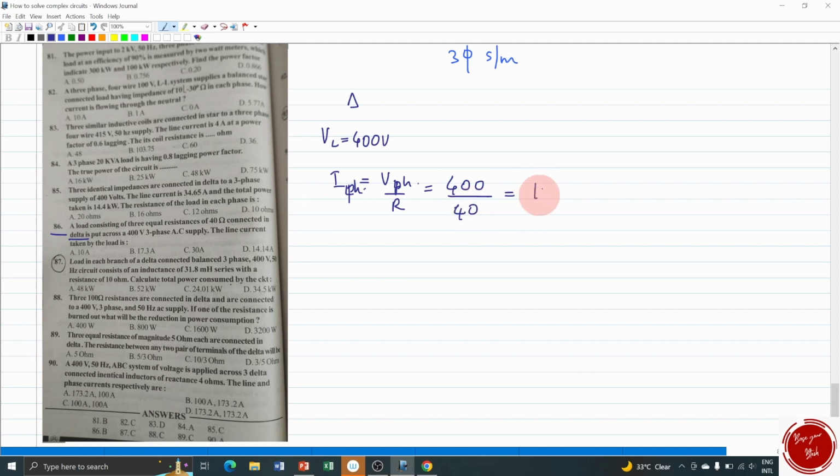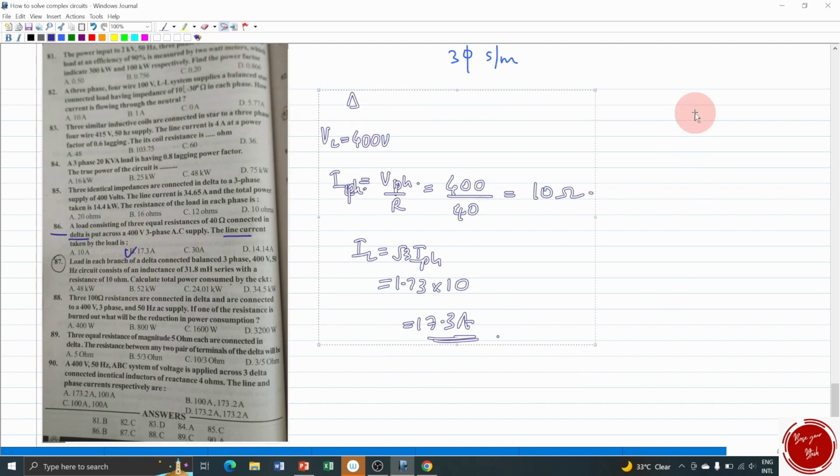So it is 10 ohms. So I phase is 10. We have to get IL. Since it is a delta connected, IL is equal to root 3 I phase. So it is 1.73 into I phase is 10. So 17.3 ampere is the right answer. Option B is the right answer. Moving on to next question.